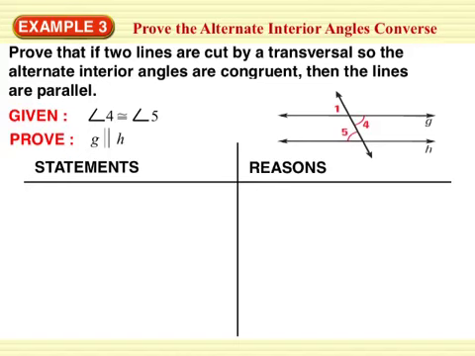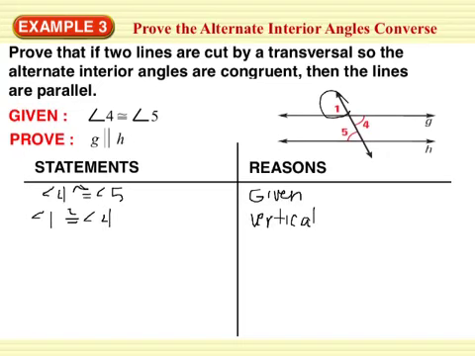Angle 4 is congruent to angle 5, and that is given. Okay, the next thing that we know, we have angle 1 here. I always go back and look at the picture and say, all right, well, I've got angle 1 is congruent to angle 4 because of the vertical angle congruence theorem.